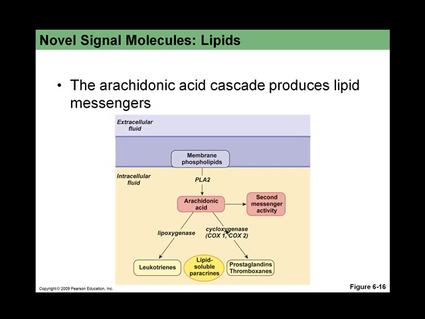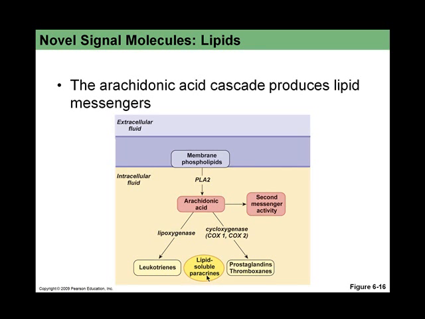Different forms of the same enzyme, isozyme. And these will generate prostaglandins and thromboxanes. And then lipoxygenases will form leukotrienes, and then these would be lipid-soluble chemical messengers acting predominantly in paracrine fashion.